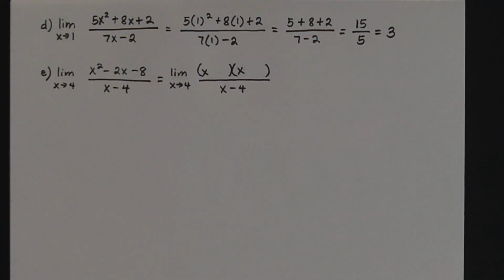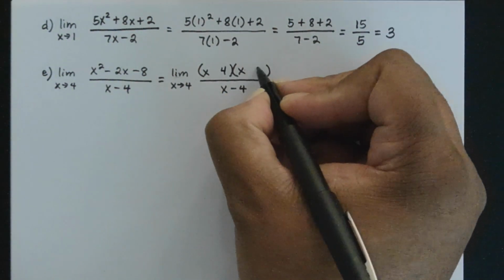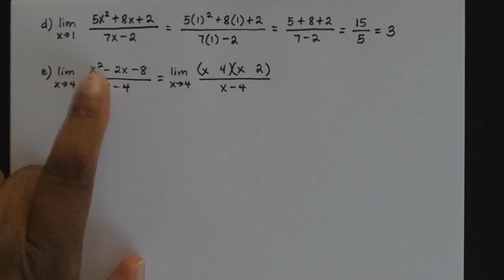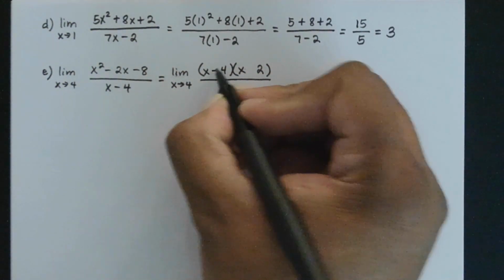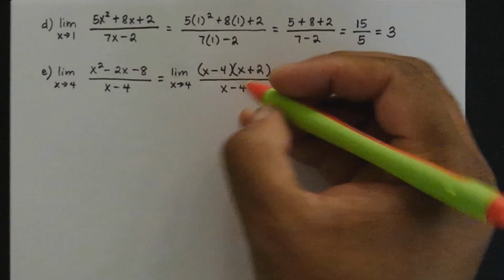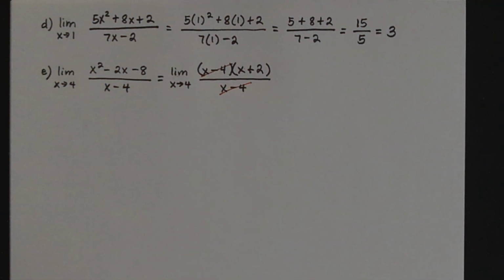Factors of negative 8 that would give me negative 2 as a middle term will have to be 1, 2. But the larger of the two factors will have to take the sign of that middle term here. The larger factor is 4, so that means it has to be a minus 4. The 2 will have to be plus. So I have the limit as x approaches 4 of x minus 4 times x plus 2 divided by x minus 4. And as you can see here, these x minus 4s divide out. So here we can divide out those common factors.